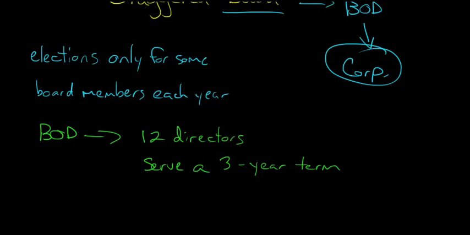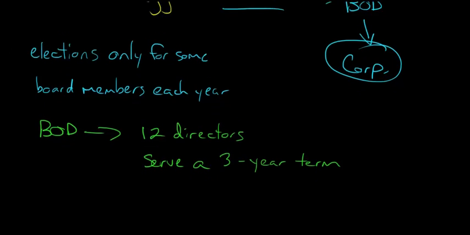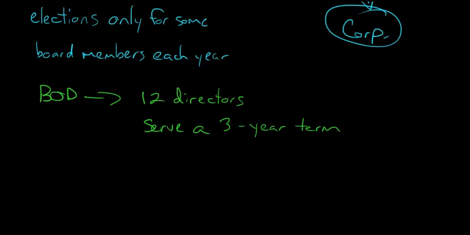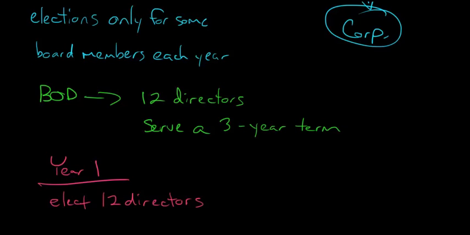Well, we can keep it simple and say that in year one, we elect 12 directors. Then 3 years later, we elect 12 new ones.